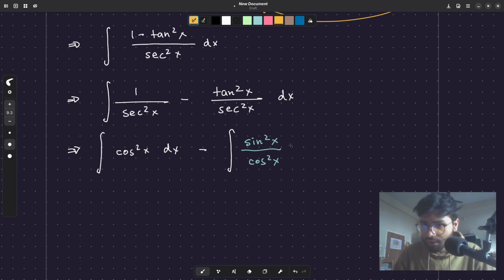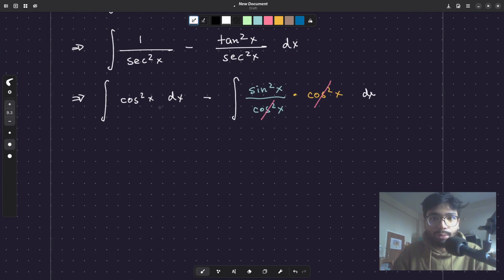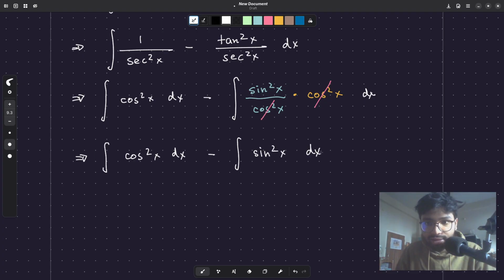And secant square of x is nothing but 1 over cosine square of x, and we can immediately see that these cosines are going to get cancelled. So we'll be left with cosine square of x dx on this side minus sine square of x dx on that side. Immediately we can see that it has become much easier.